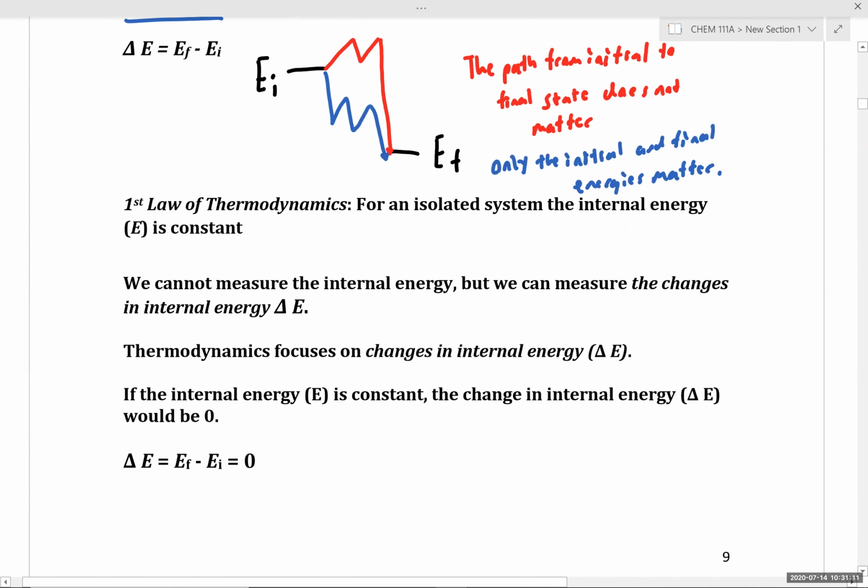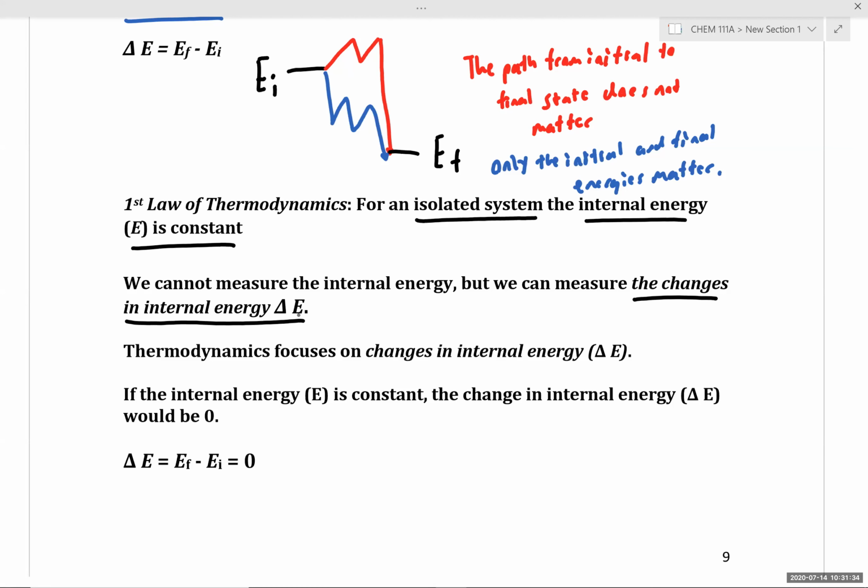Another way of writing the first law of thermodynamics is that for an isolated system, the internal energy is constant. Now, we can't measure absolute internal energy, but we can measure changes in internal energy, or we can measure internal energy relative to an external standard.